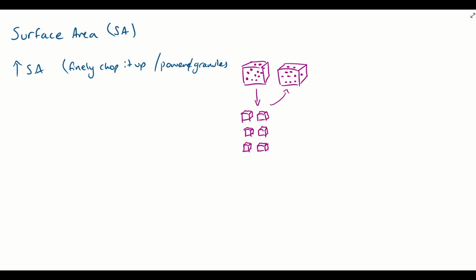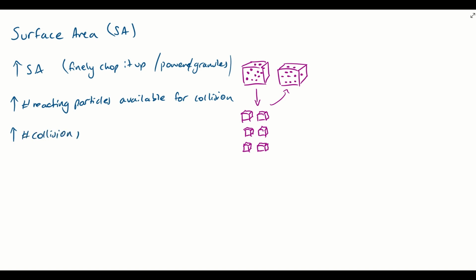Okay, if we increase that surface area, we are going to increase the number of reacting particles available for collision. If we increase the number of reacting particles available for collision, then we are going to increase the number of collisions.